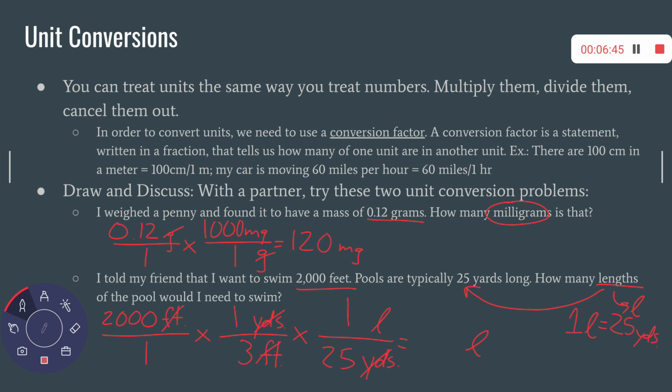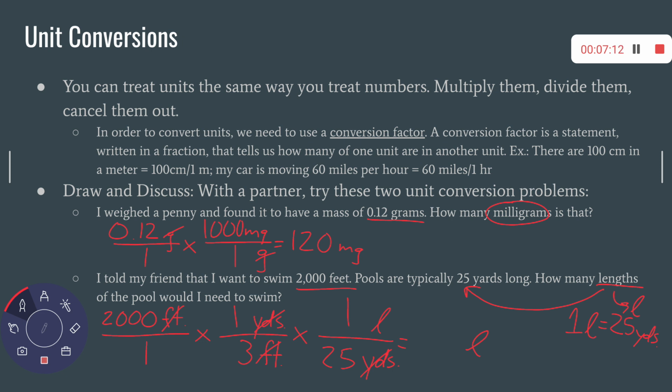When we multiply fractions, we multiply across the top, then we multiply across the bottom. And we'll take what's on top and we'll divide what's on bottom. For us, that's going to be 2,000. We're going to divide it by 3, and then we're going to divide it by 25. I don't need to multiply by 1, because multiplying something by 1, that number stays the same.